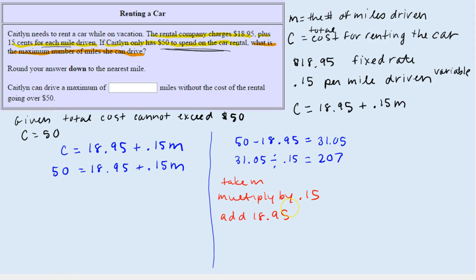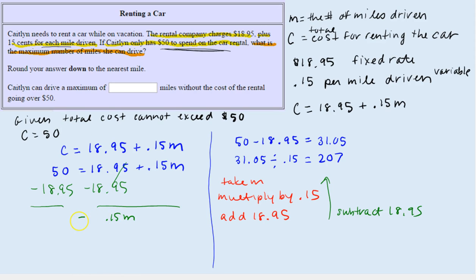So reversing this process to solve the equation, we would first subtract 18.95 from both sides. Notice I line this up with the like terms. On this side they cancel. Here we're left with 0.15m. Here we're left with 31.05.